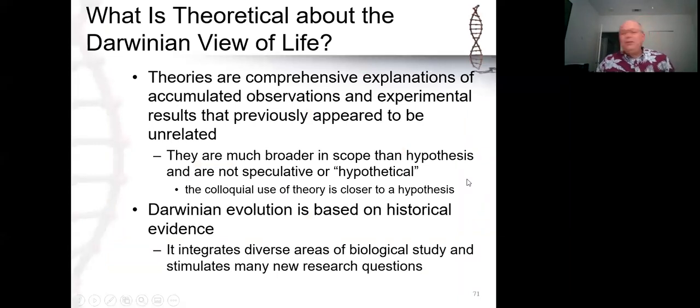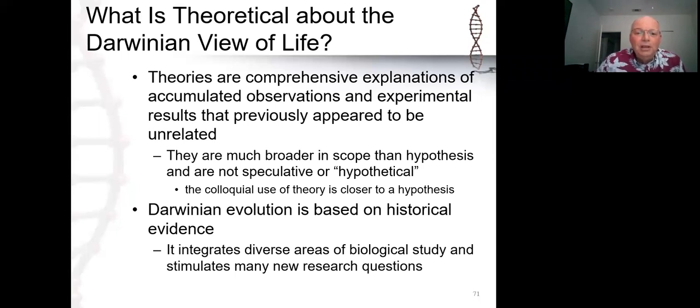So is there anything theoretical about Darwin's view of life? Well, it depends on how you want to use the term theory. If you're using the term theory as it is used in everyday language, then the answer is no. There is nothing theoretical about the theory of evolution.